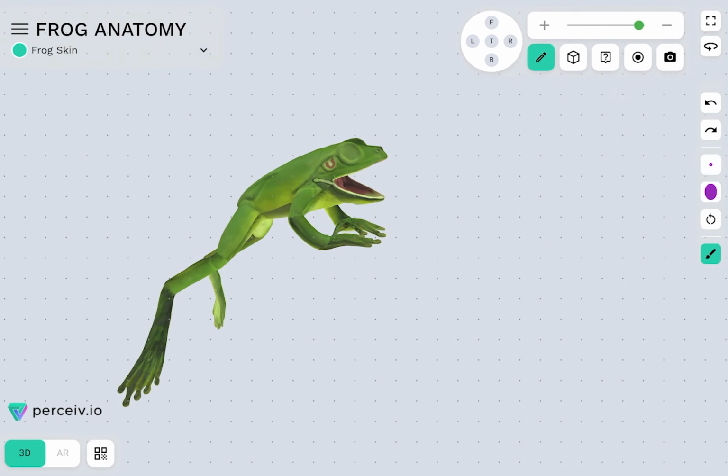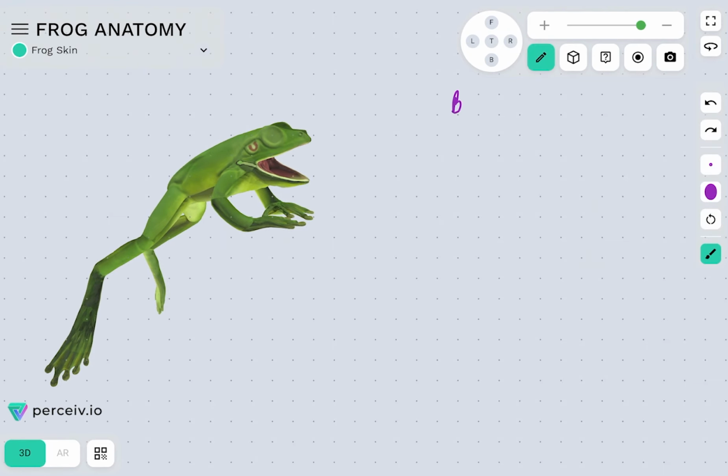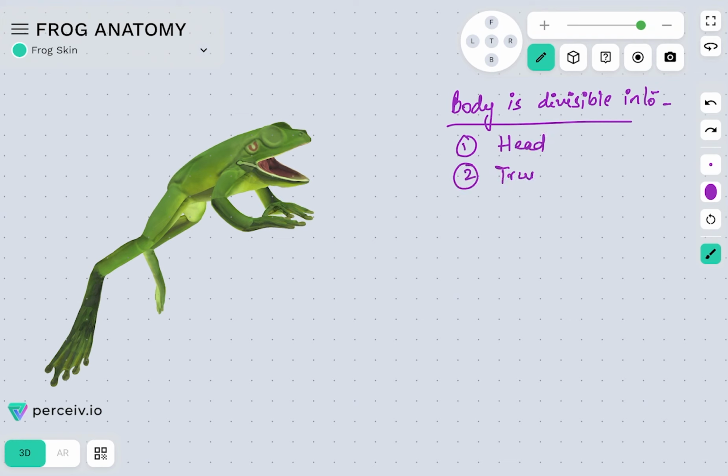The body of the frog is usually divisible into two parts, and those two parts are head and trunk. If I label it, then this portion is the head part, and this one is the trunk part.